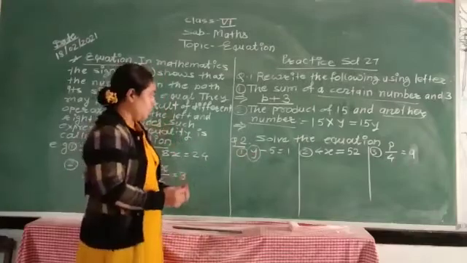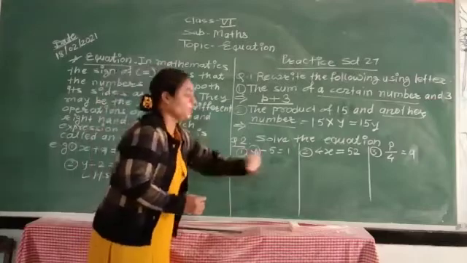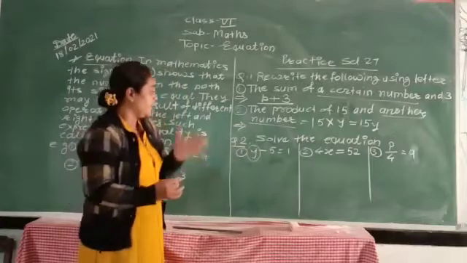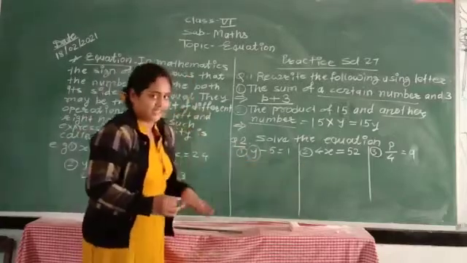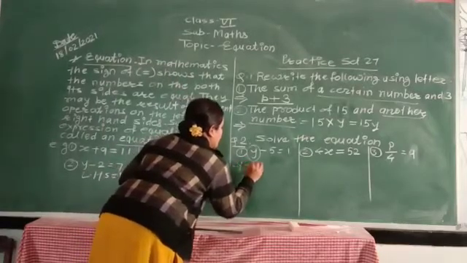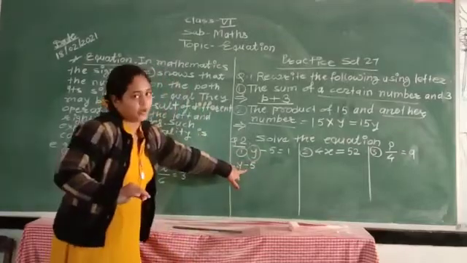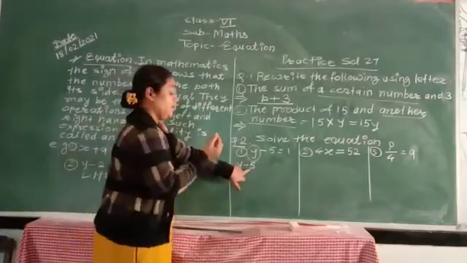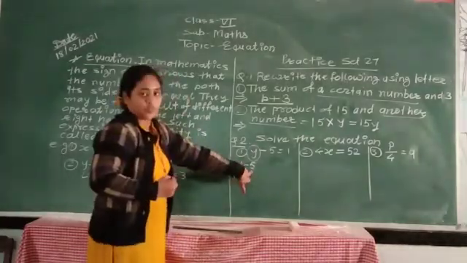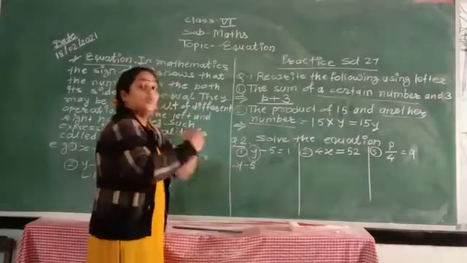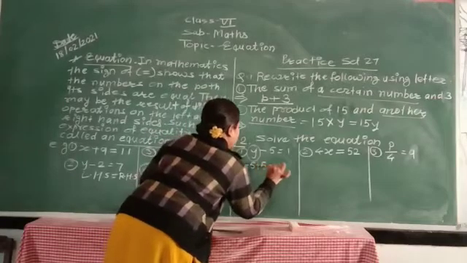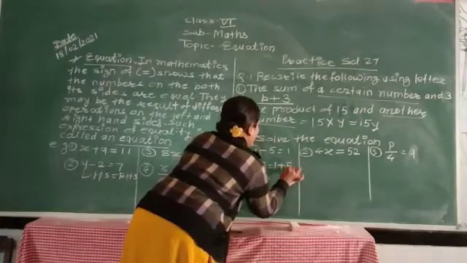To find the value of y, we have to add plus 5 in this expression. y minus 5, as already given in the expression, and we have to add the opposite number of that minus 5. The opposite number of minus 5 is plus 5. Means y minus 5 plus 5 is equal to 1 plus 5.